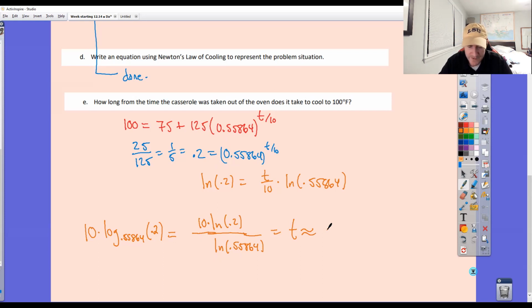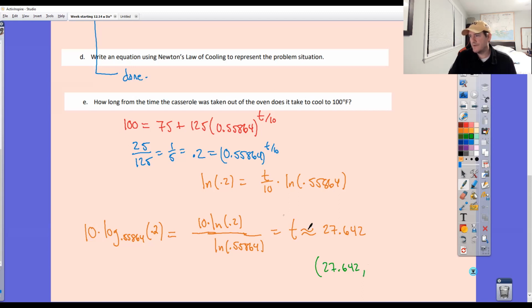Okay, fine. 10 ln of 0.2 divided by ln of 0.55864 is 27.642, let's say.